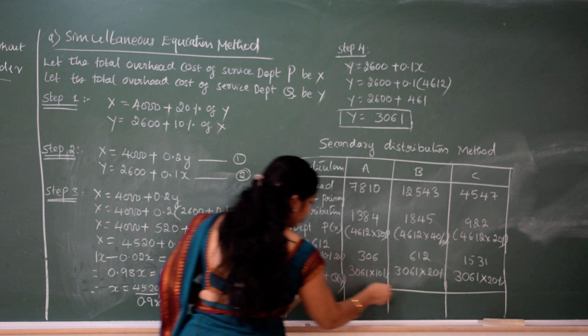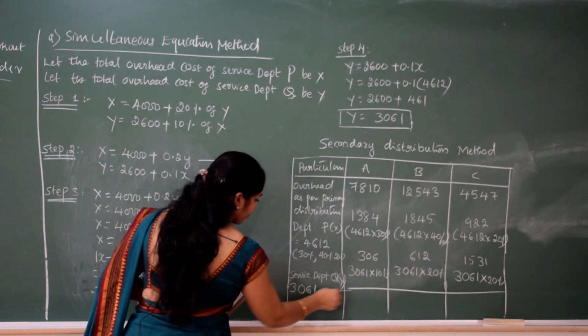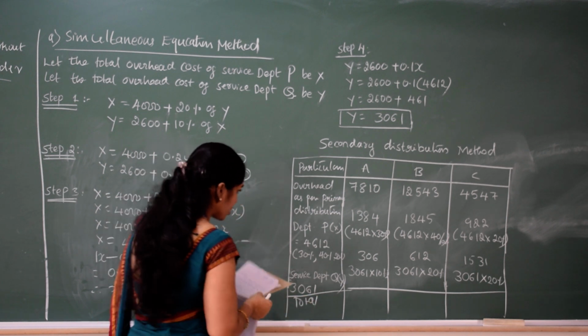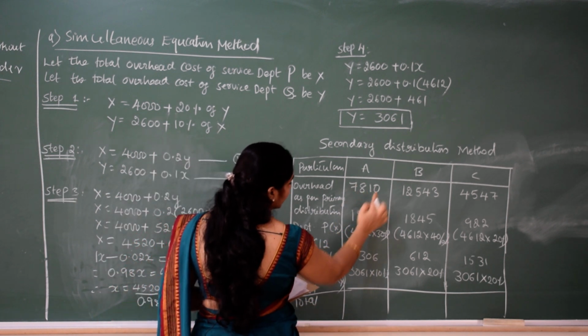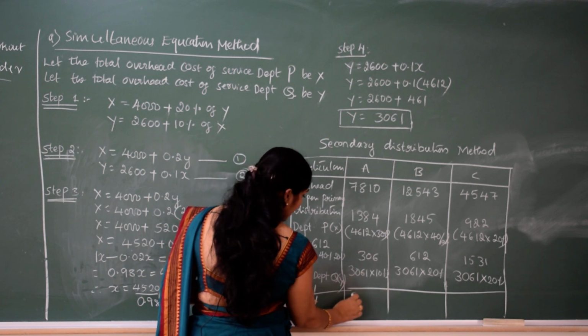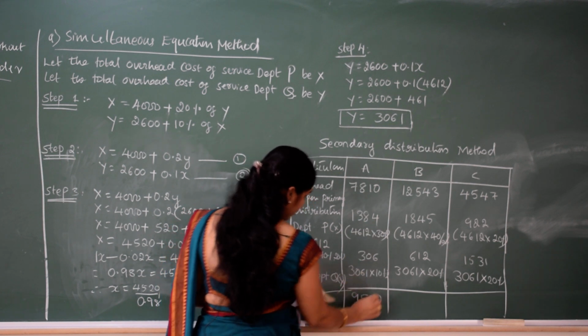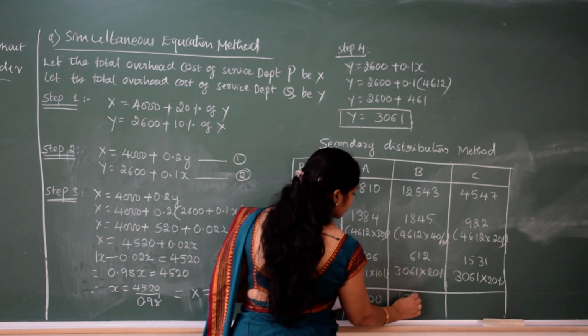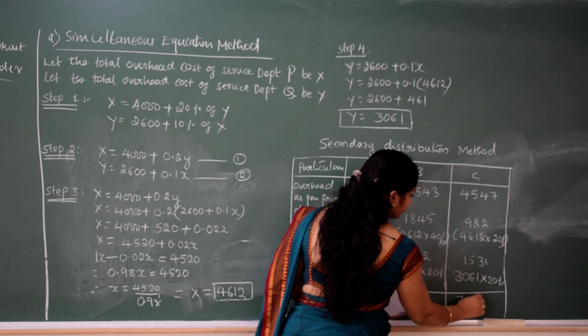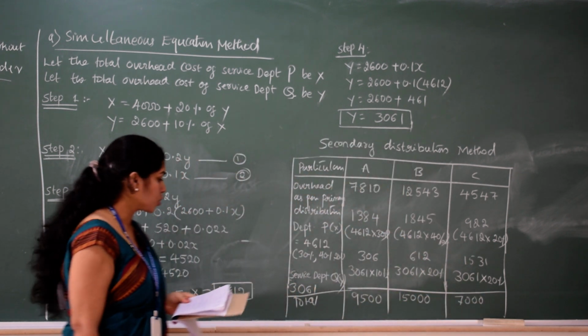So now we can get the totals. In the first column, 7,810, 1,384 and 306 give 9,500. Then 15,000. Then 7,000. So this is for the total.